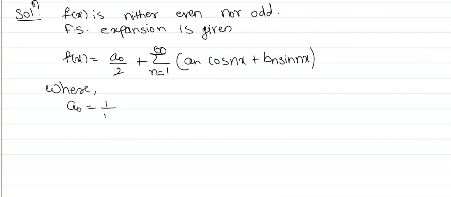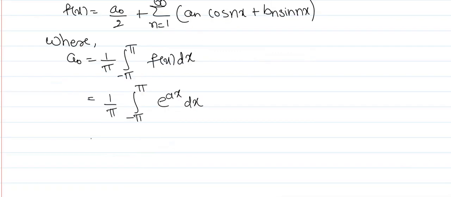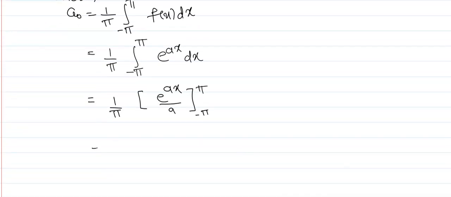So a naught is given by 1 by pi integral minus pi to pi f of x dx. This is 1 by pi integral minus pi to pi e raised to ax dx. Now integrate e raised to ax with respect to x, we get e raised to ax divided by a, from minus pi to pi. Substitute upper limit, lower limit, we get 1 by a pi, these constant values, upper limit e raised to a pi, lower limit e raised to minus a pi.